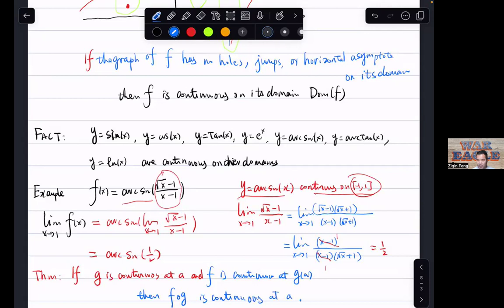We know that f circle g of x is defined to be f of g of x. So this is just as we imagined. If you have two functions that both behave as they should, this combination of the two functions also behaves very well.